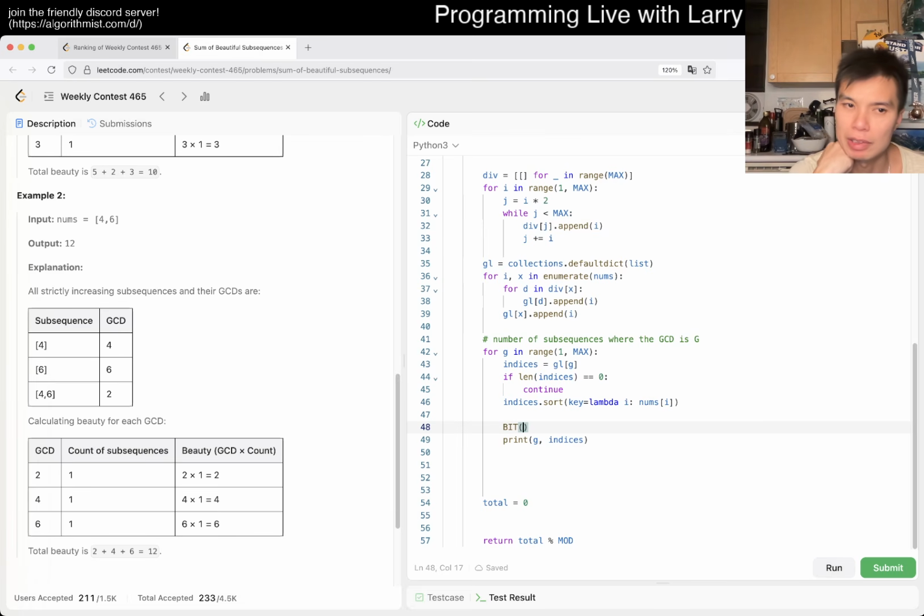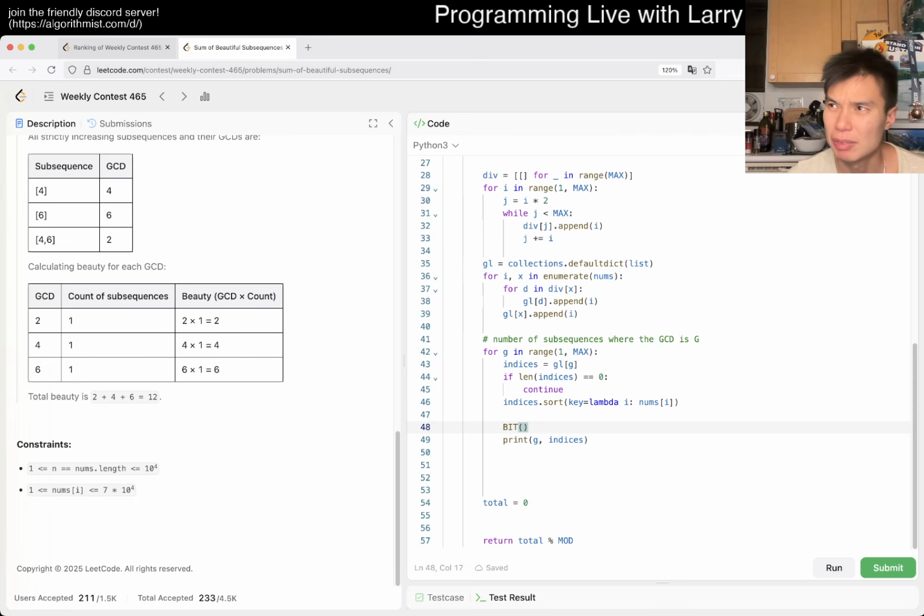Well, with G, that's too big, right? 70,000 times 70,000 is too big. Length of indexes? Okay, yeah, because then now, yeah. What am I doing? Yeah, that's right.